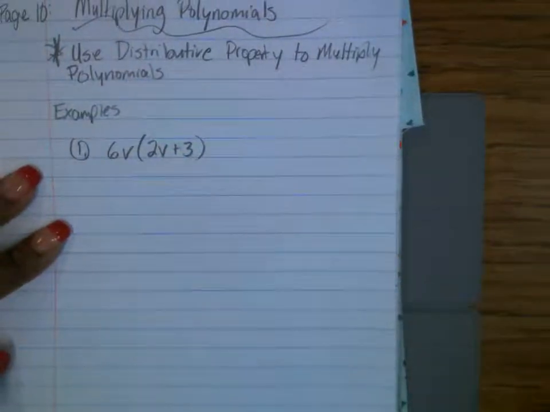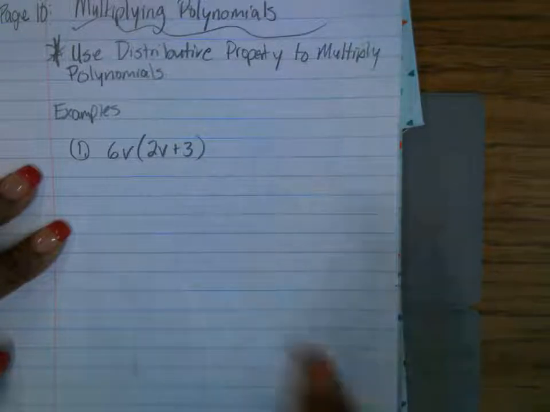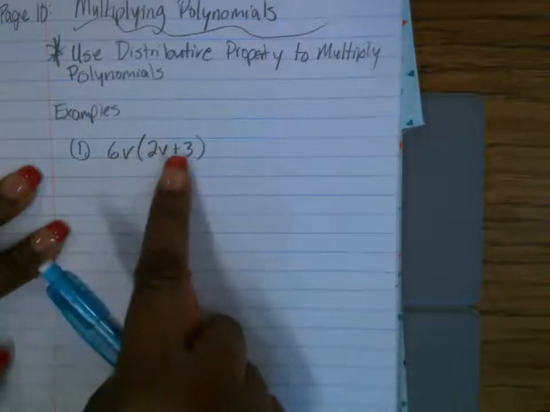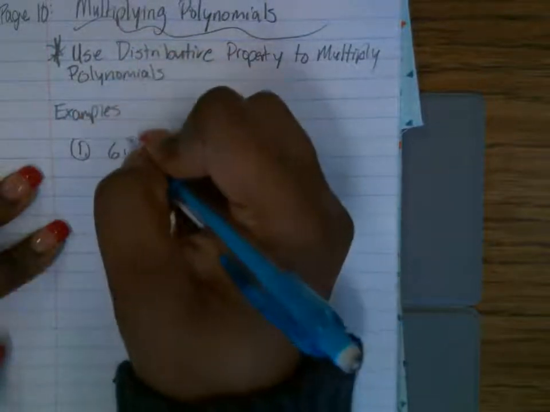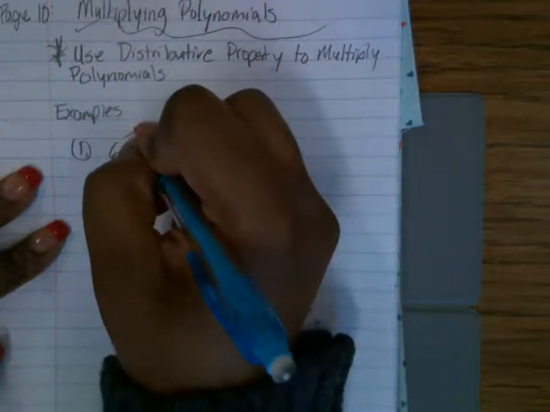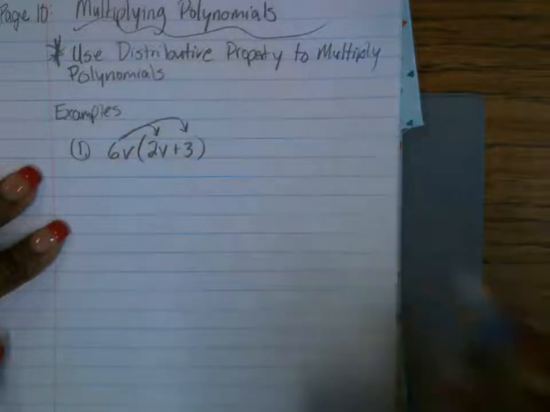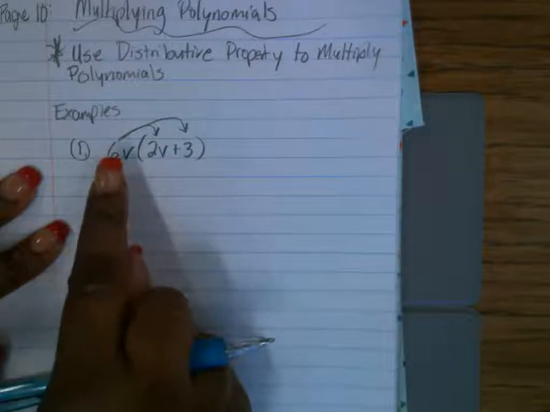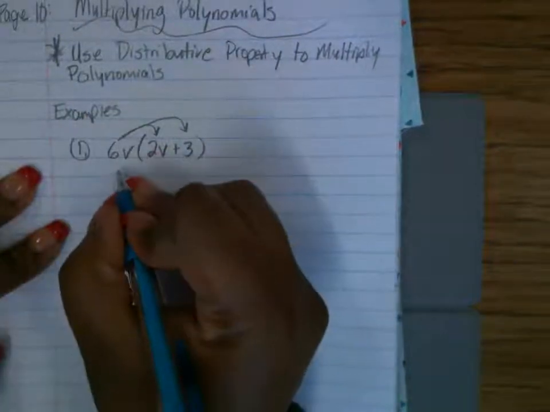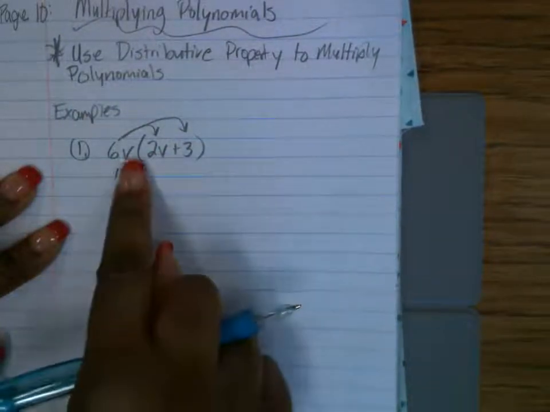Okay. All right, so here we're multiplying this monomial times this binomial. So we're going to do distributive property one time. We're going to distribute this 6v times both numbers in the parentheses. So here what we have is 6 times 2, which is 12, and then we got v times v.